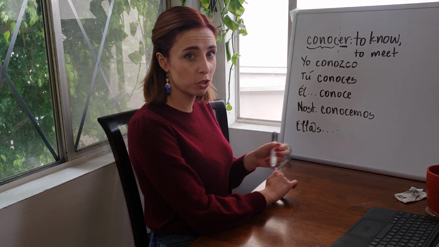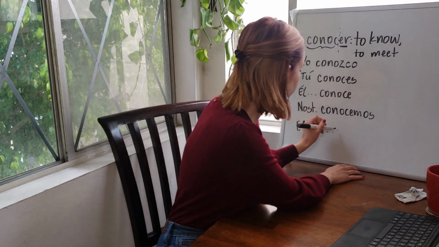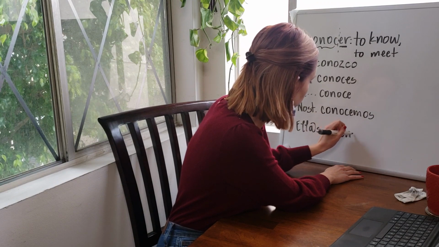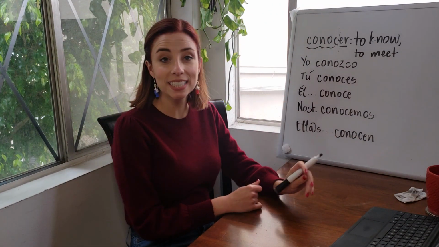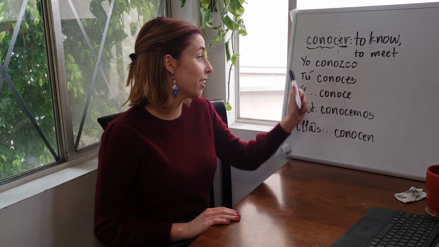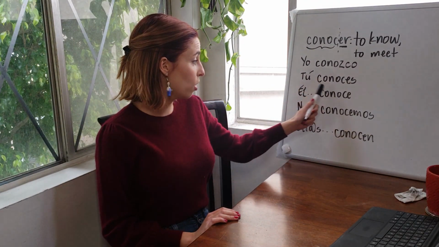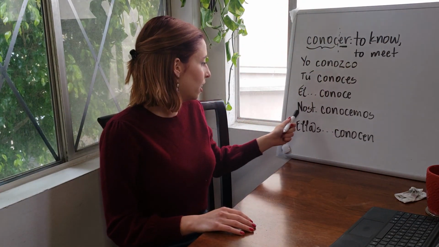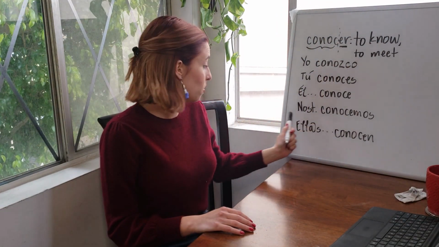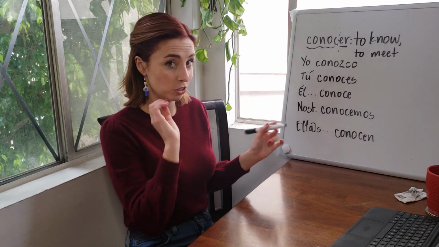Our third person plural is conocen. So if we want to translate these going all the way down, we would have I know, you know, he knows, or she knows, or you formal know. Nosotros, we know, and they know, or you all know.